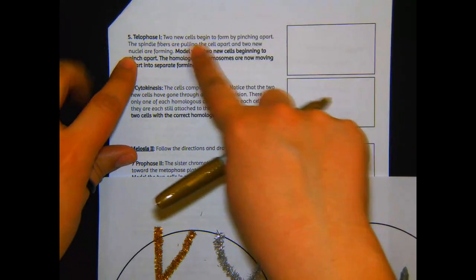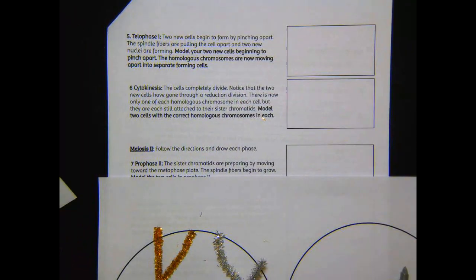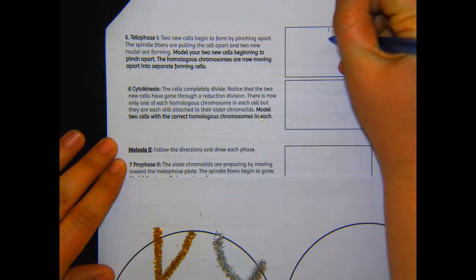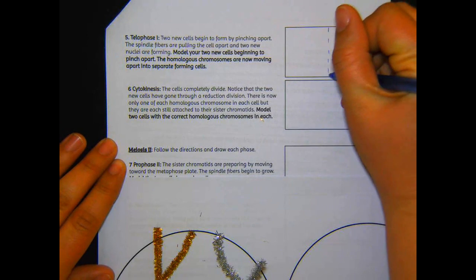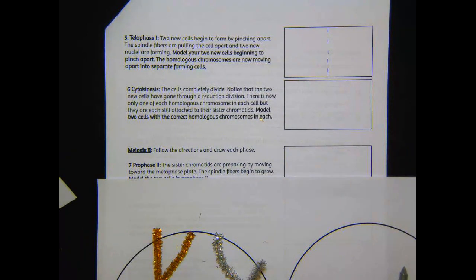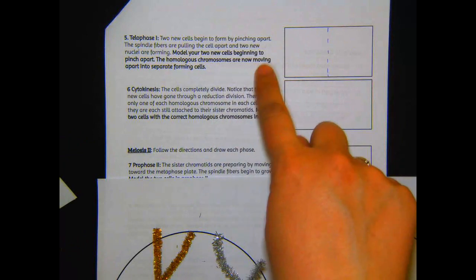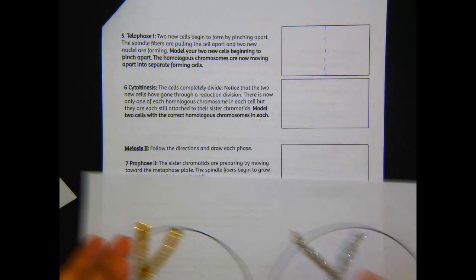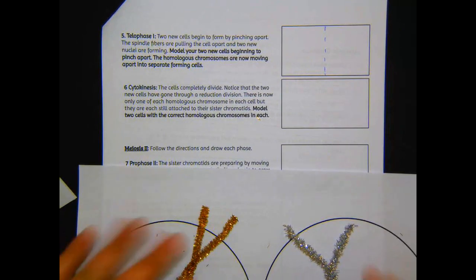Telophase 1. 2 new cells begin to form by pinching apart. The spindle fibers are pulling the cell apart and 2 new nuclei are forming. So this box becomes essentially 2 new cells. Model your 2 cells beginning to pinch apart. The homologous chromosomes are now moving to separate cells.